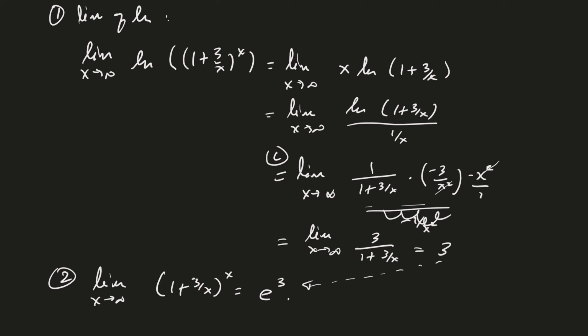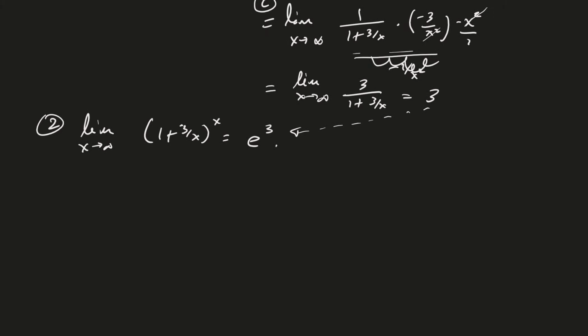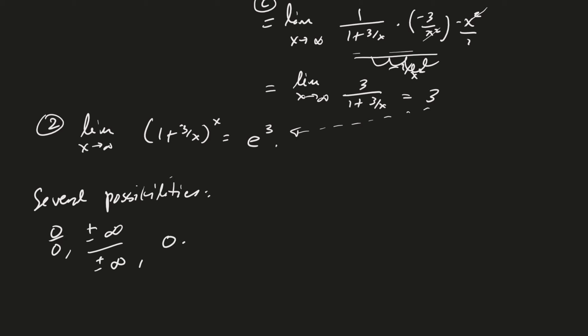And so just as a quick summary now, we've covered several possibilities, right? We've covered 0 over 0, plus or minus infinity over plus or minus infinity, 0 times infinity, infinity minus infinity, and then we have all these products, or these f of x to the g of x power, where we have 0 to the 0, 1 to the infinity.